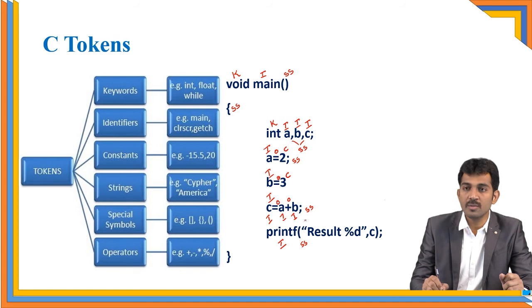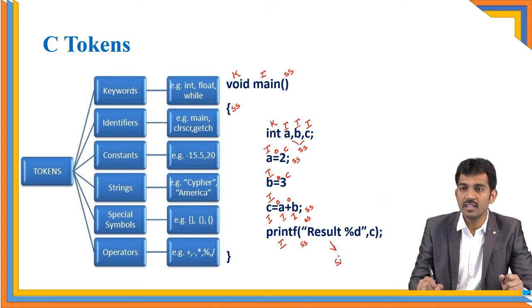And these quotes also come under the special symbol. When you write it inside the quotes, the entire thing is considered a string. And again, comma is a special symbol. Again, C is the identifier, and the rest are special symbols.